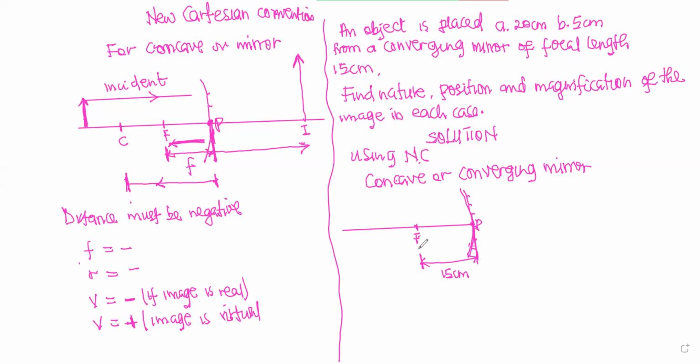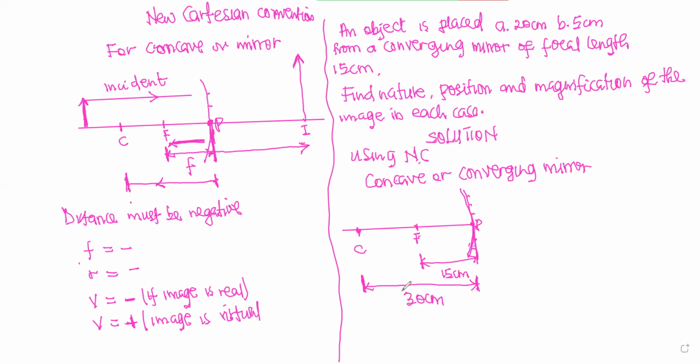So if F is 15, then the center of curvature would be at a distance of 30. So from P to where C is, it is twice of F. So this will be 30 centimeter.